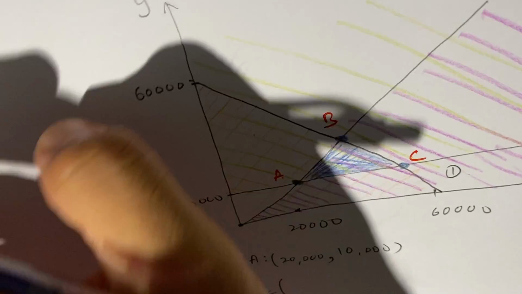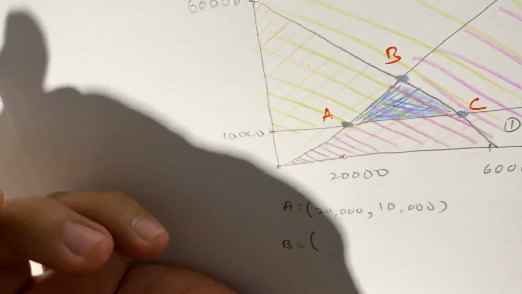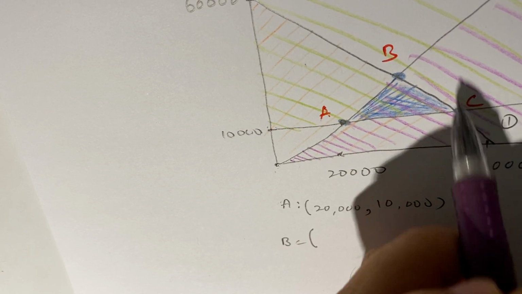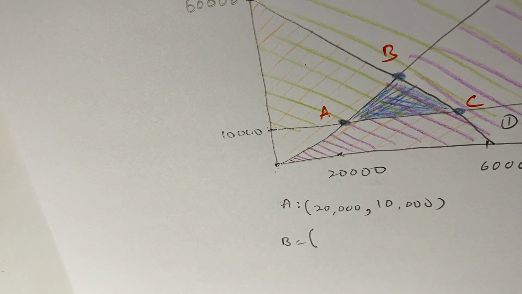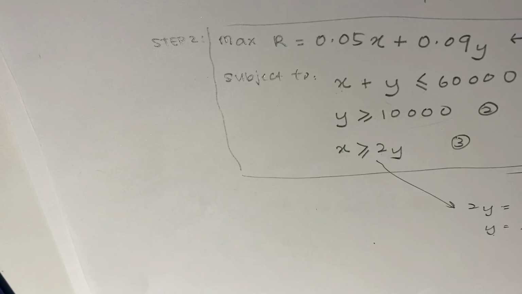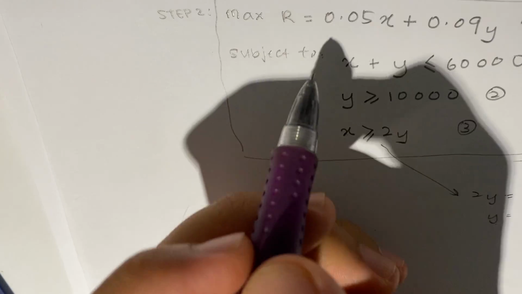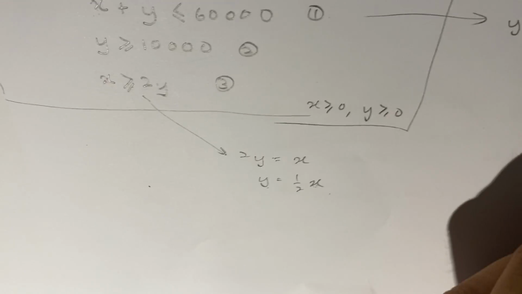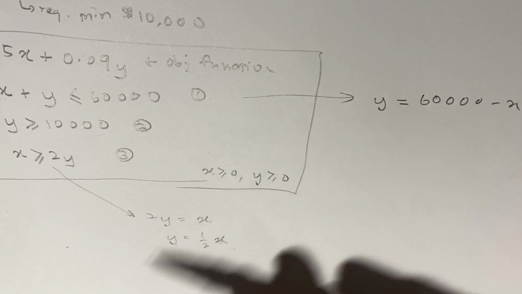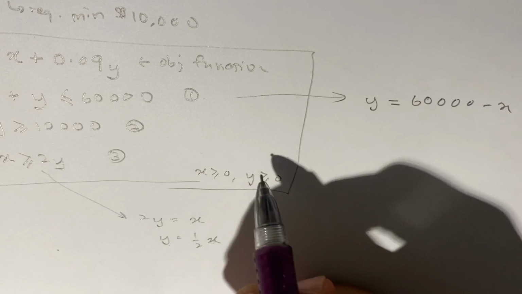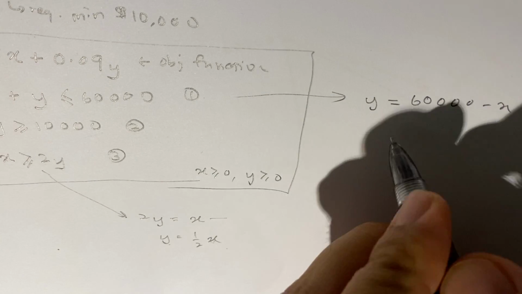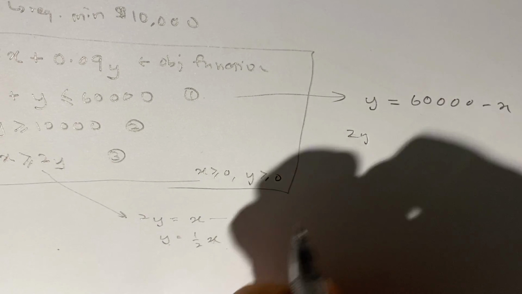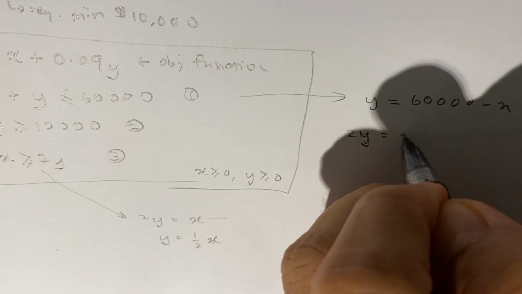B requires some additional steps because it is the intersection between equation 1 and equation 3. So we can simply substitute equation 1 and equation 3. From equation 1, we have y equals 60,000 minus x. And from the third equation, 2y equals x.